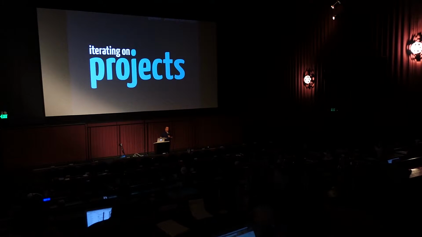Oftentimes you find yourself, and especially in the work that I do, working with clients, we're iterating really quickly on some designs or a version 2 or something like that. So iterating on projects is important. Refactoring projects.